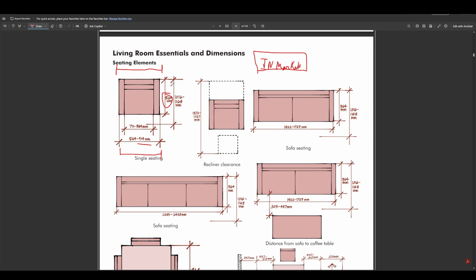So they vary. Okay, so if you see the recliner, when it is not reclined, the size of this is this. But when we recline, the back space extends, and the total space required for this is this. Okay.